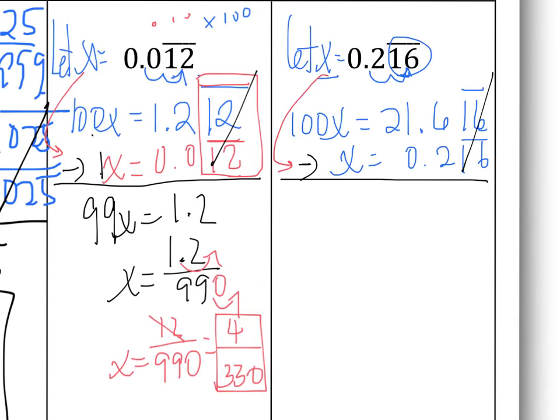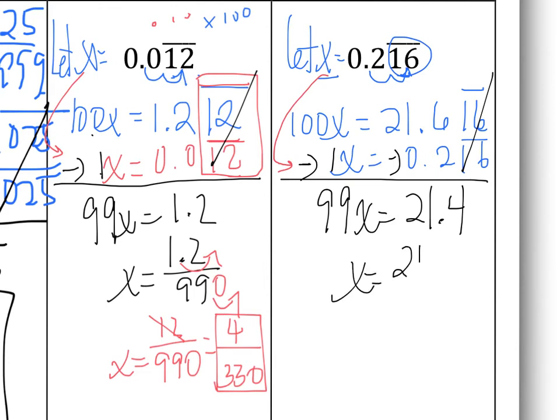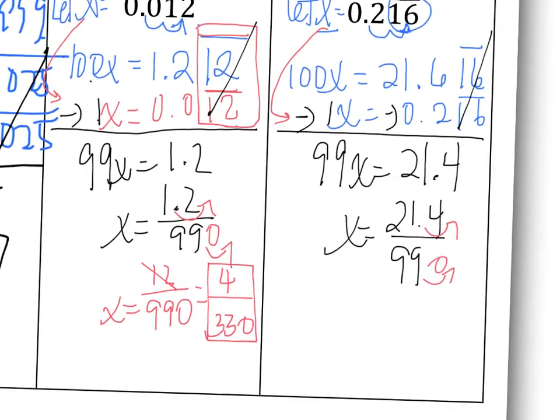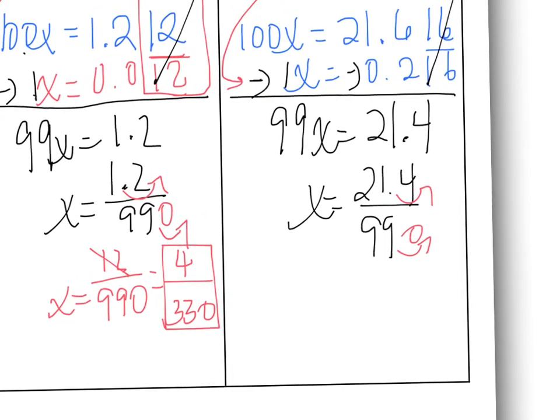Okay, cancel that out. 100 minus 1, 99x. And this would be 21.4. Okay, I also subtract this part. And this would be x equal to 21.4 over 99. And I'm going to shift one space to the right, both in the numerator and the denominator. So this will equal 214 over 990. And now I need to simplify.